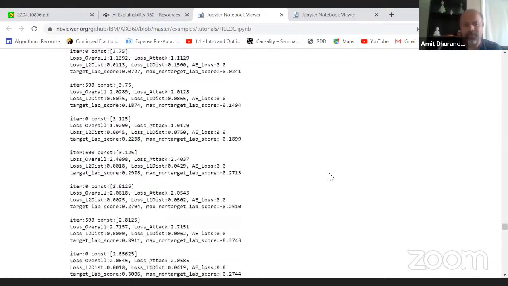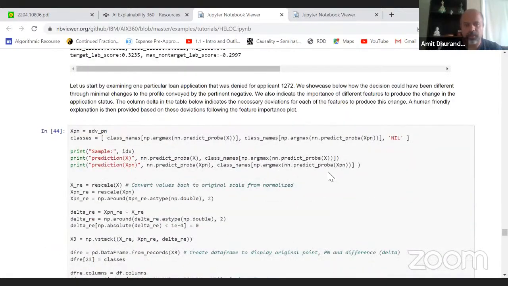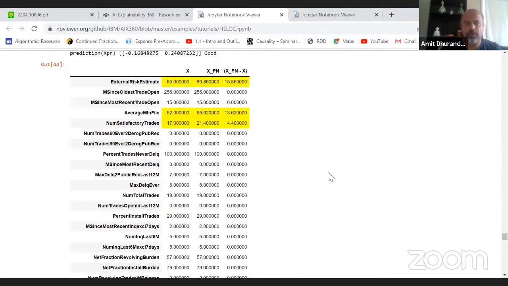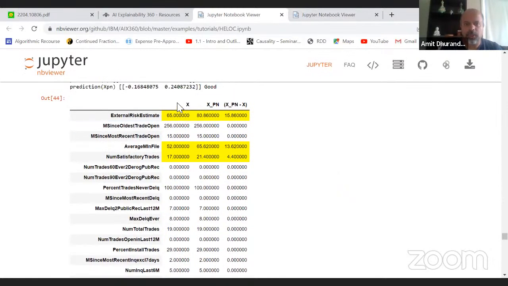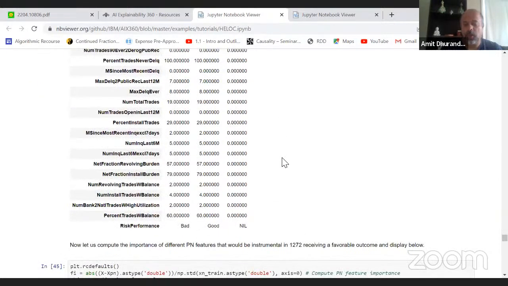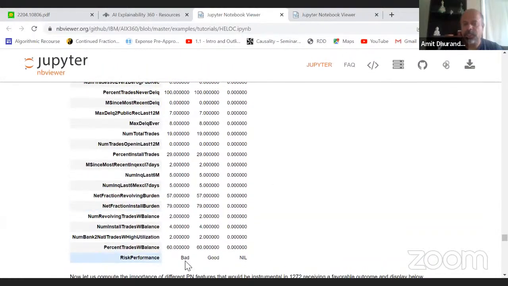Yeah, so this is just running. I won't go into too much detail, but this is the kind of output it will generate. Say your original person was this first column, and what it will generate is this second column, where it's saying if this external risk estimate went from 65 to 80, average months on file went from 52 to 65, and number of satisfactory trades went from 17 to 21, then your classifier will change its recommendation from not giving you the loan to giving you the loan.